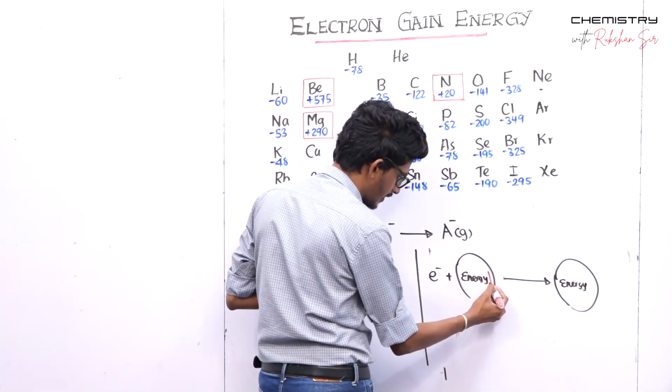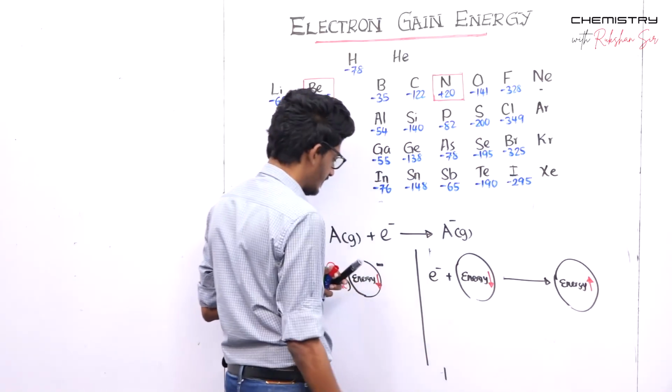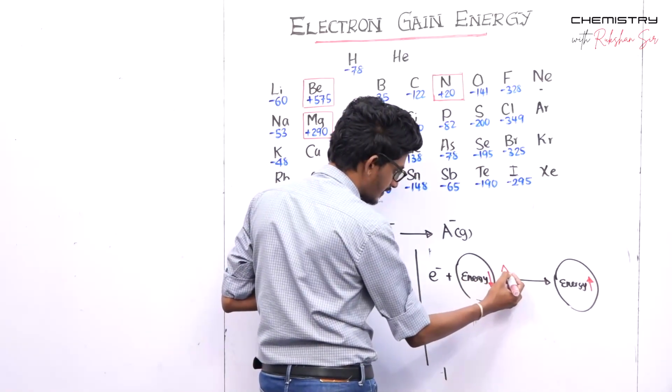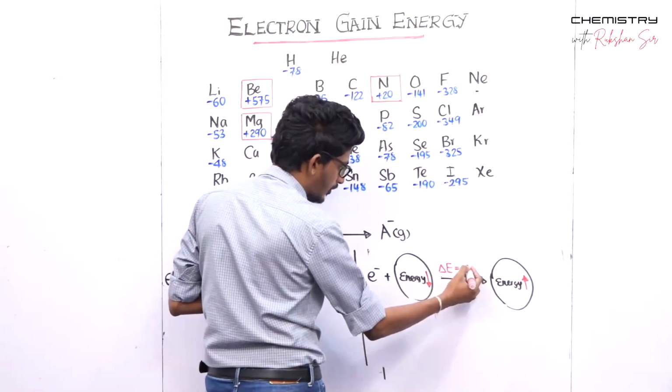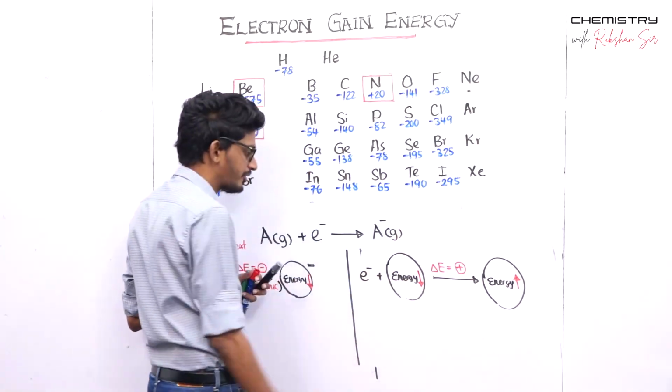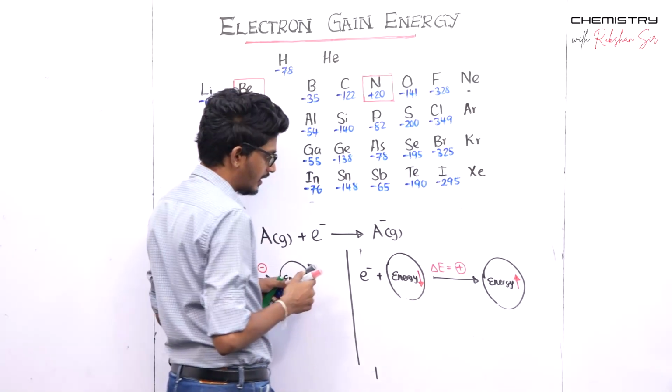Here at the start you have a lower energy and at the end you have a greater energy. If the energy of the particle increases, that is what we refer to as a positive value for electron gain.